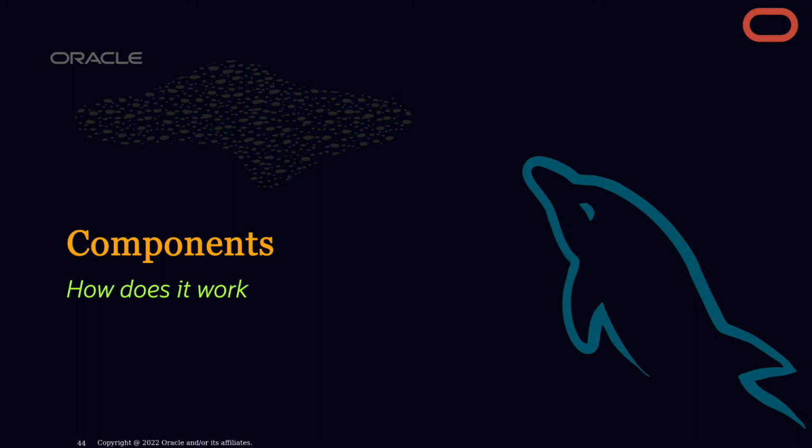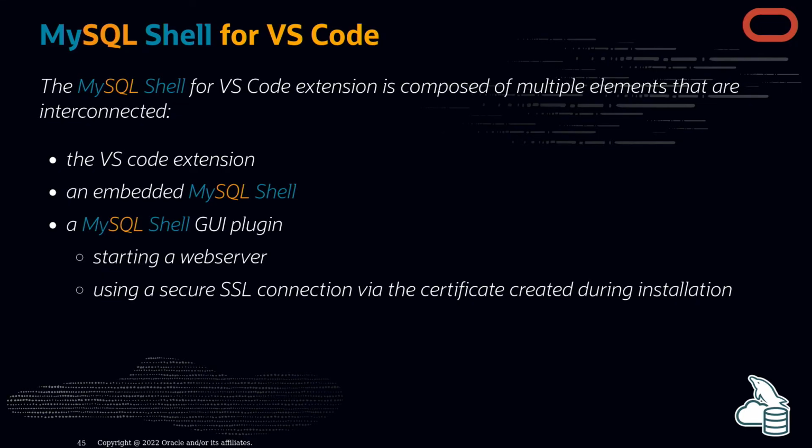So what are the components of this extension, and how does it work? MySQL Shell for VS Code is made of multiple components that are interconnected. We have the extension itself that you load, but there is also an embedded MySQL Shell. Every time you install the extension, you have an embedded MySQL Shell, and you also have a MySQL Shell GUI plugin, we call it.